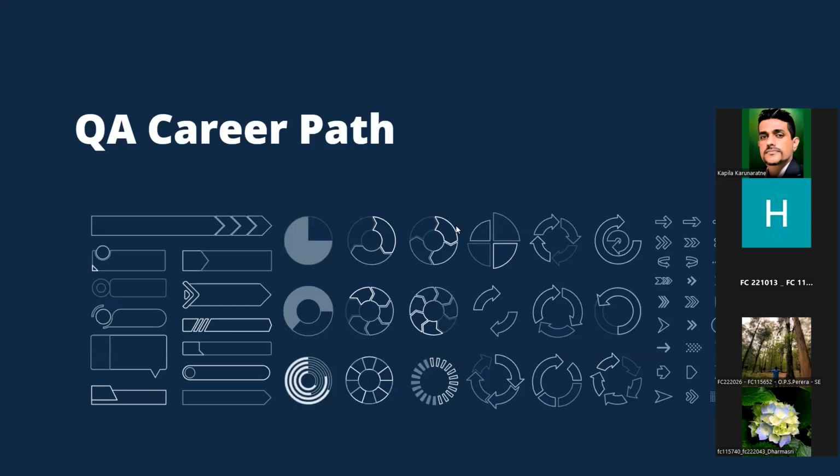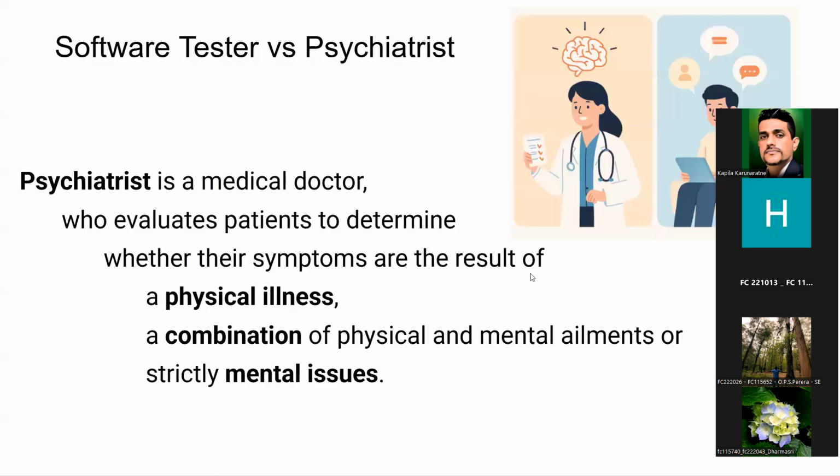Okay, so overall, I think that's all I have to do. I have just added a few more slides. One thing I want to highlight: with AI, the entire QA cycle has changed, right?